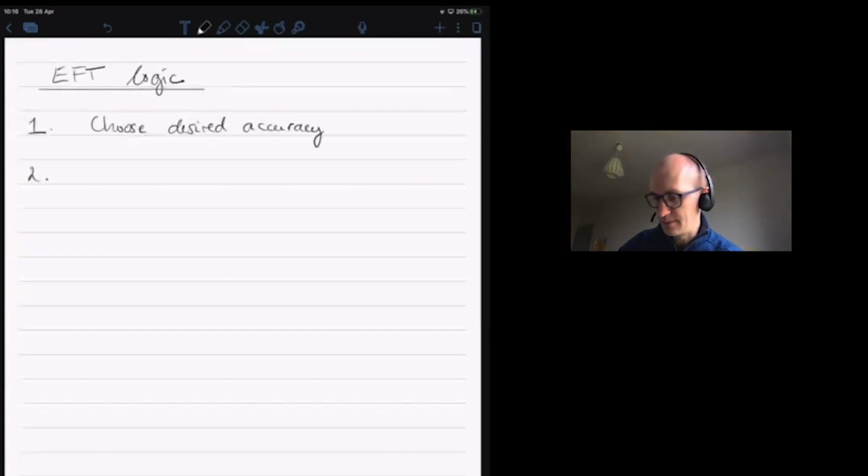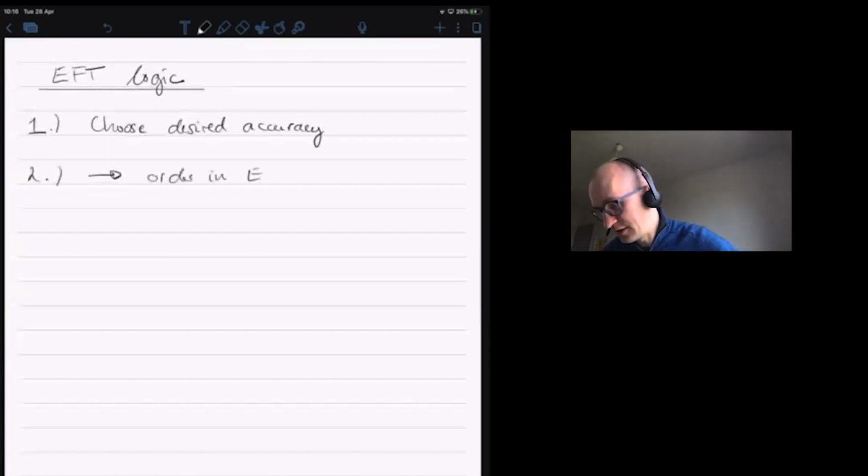This determines the order in E over M, where E is the energy of the process that we're interested in, and M is the parameter that controls the EFT.